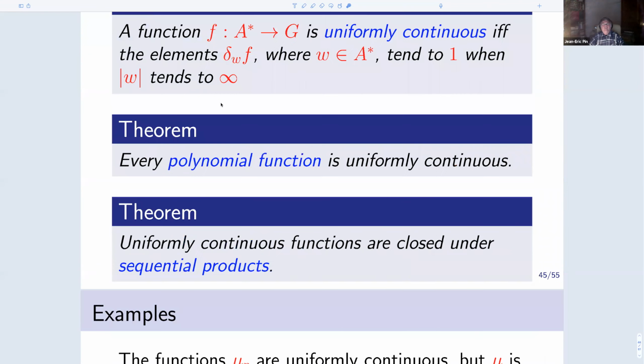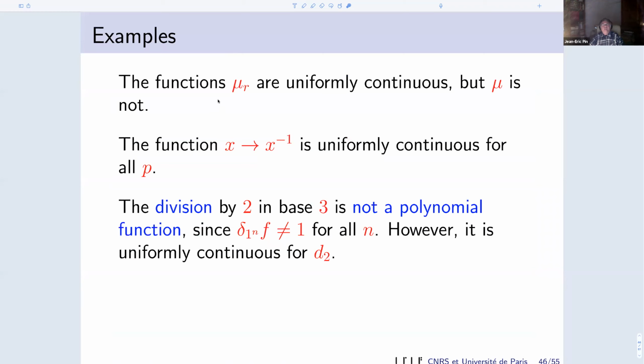So let's look at some examples. If you look at the functions mu r, remember they are polynomial, actually, not polynomial. They are uniformly continuous, but mu is not. You have to be careful. The function x goes to the inverse of x is uniformly continuous, whatever p is.